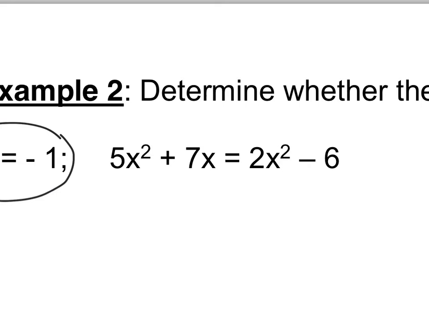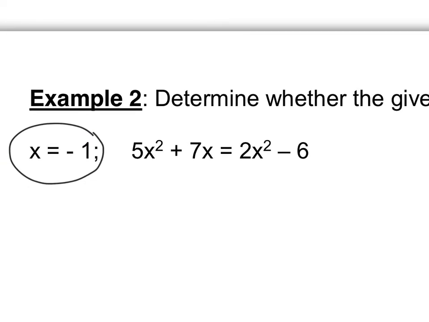Now what I could do is bring everything over to one side and then solve, which means to factor, right? And then find the zeros. But I've got an easier way. This equal sign means that the left side and right side are equal, which means that they're the same.